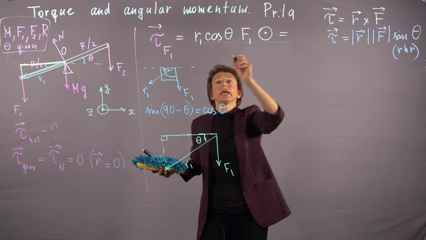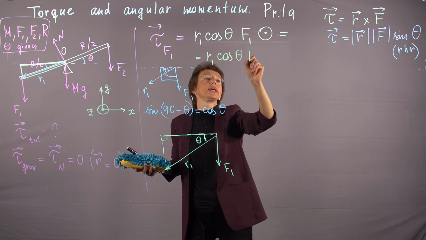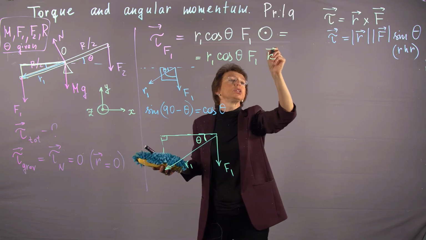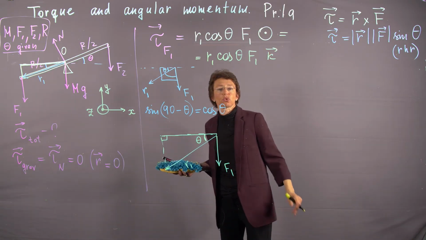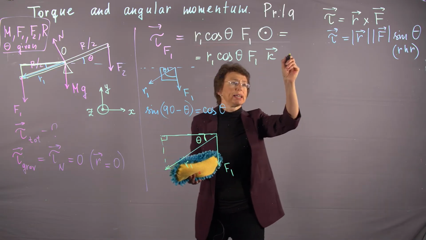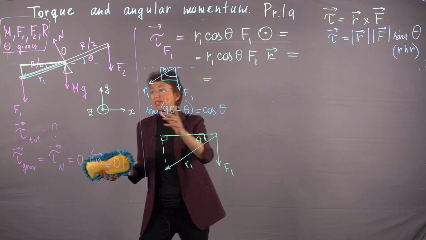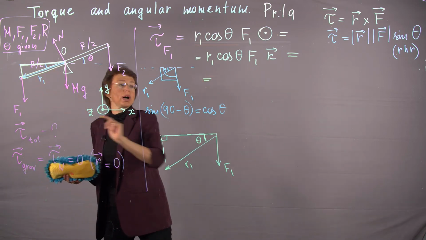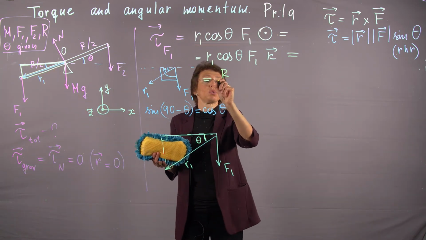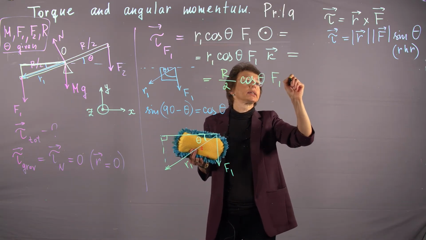Out means that with unit vectors it is R1 cosine theta F1 times unit vector k. This is just another way to write it. Finally, I need to replace R1 by what is given. So the magnitude is capital R over 2 cosine theta F1 k.